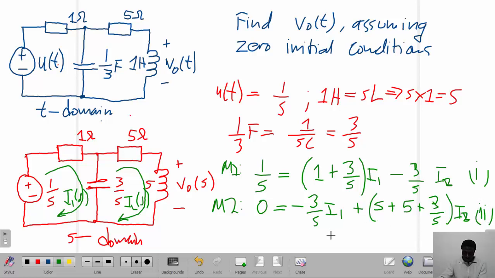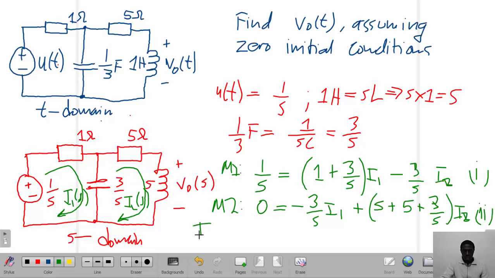And thereafter we could simplify this equation by taking I1.